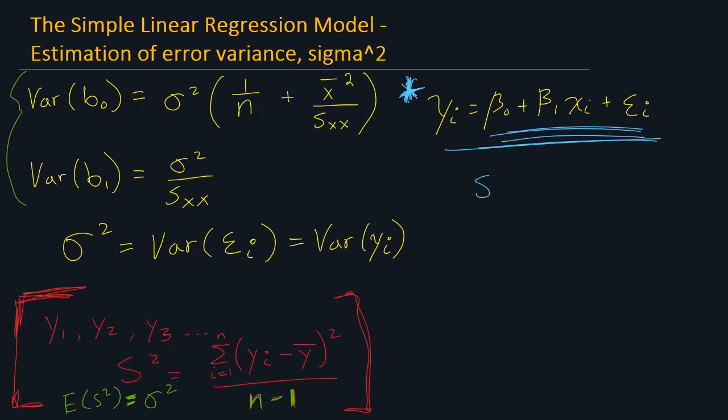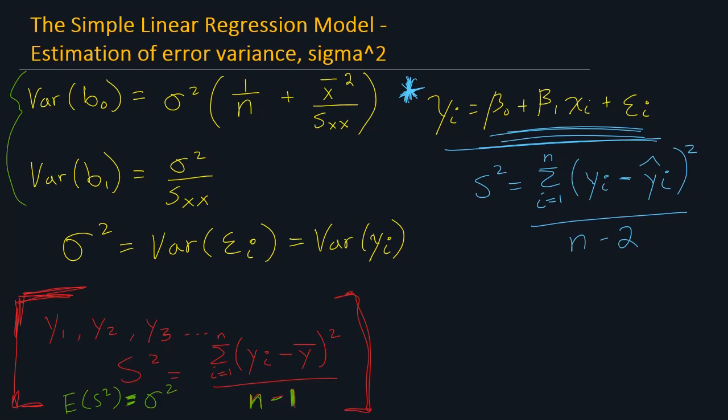It is s squared equals the sum of the squared differences between our observed y and, instead of y bar, the estimate of y, y hat, the predicted value of y, divided by n minus 2. So now it's n minus 2 instead of n minus 1.